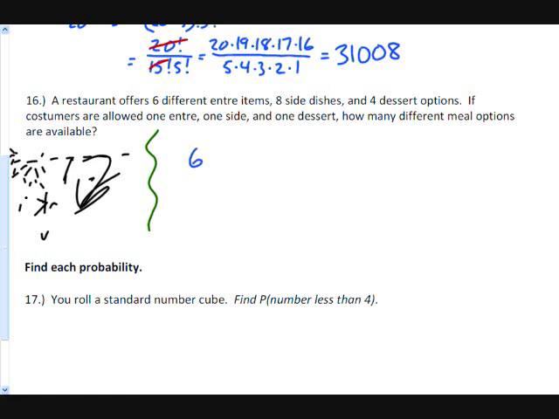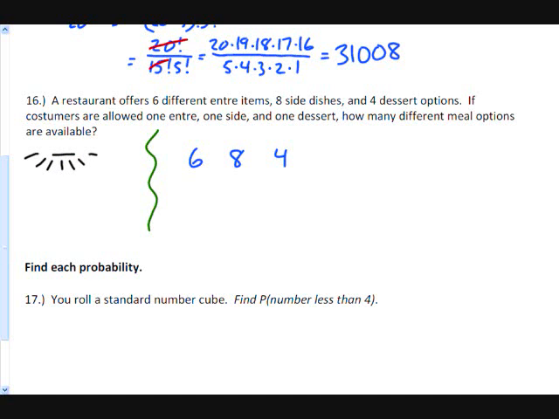There's 6 ways that I can choose the entree item. There's 8 ways I can choose the side dishes. And there's 4 ways that I can choose the desserts. And so instead of having these giant tree diagrams where we have all these little pieces off of our entree, let me draw this a little more officially.